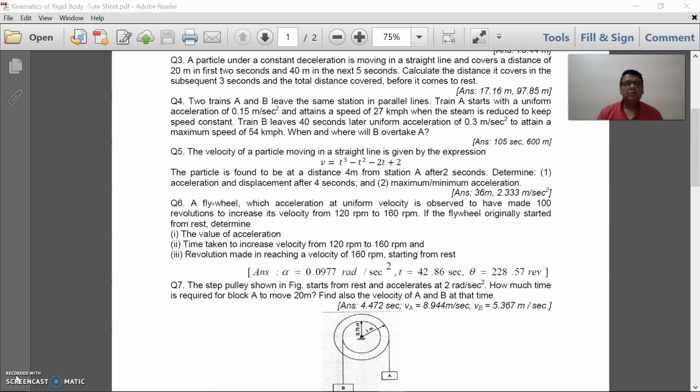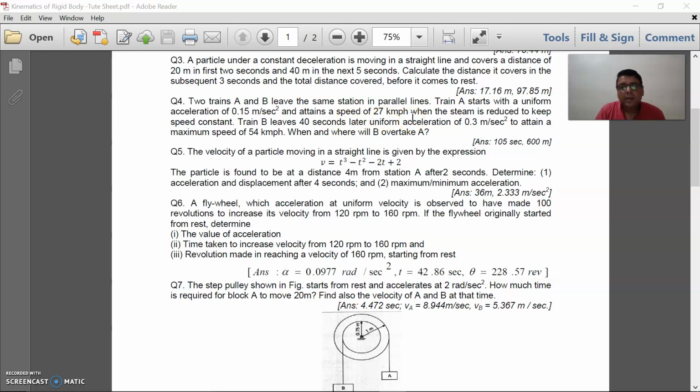Okay, so we'll start with the fourth numerical. In this fourth numerical I'll just read out this numerical once. Two trains A and B leave the same station in parallel lines. Train A starts with a uniform acceleration of 0.15 meter per second square and attains a speed of 27 km per hour.